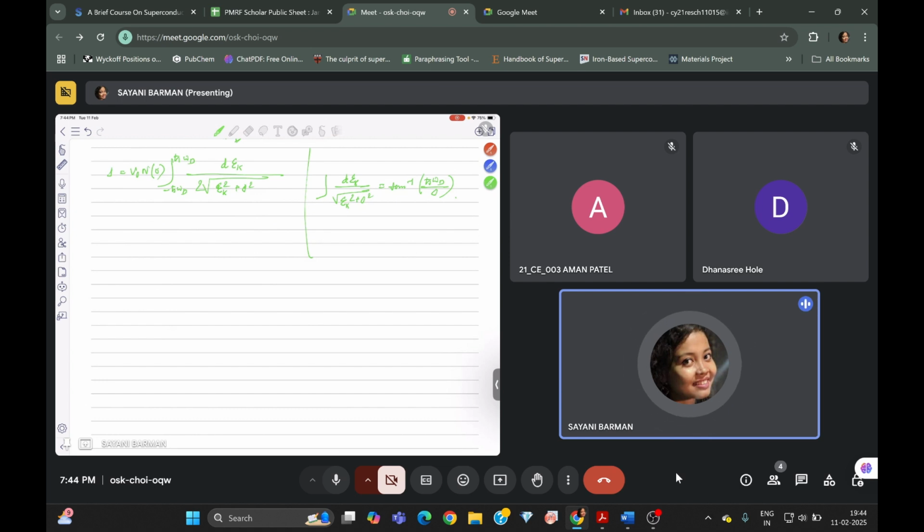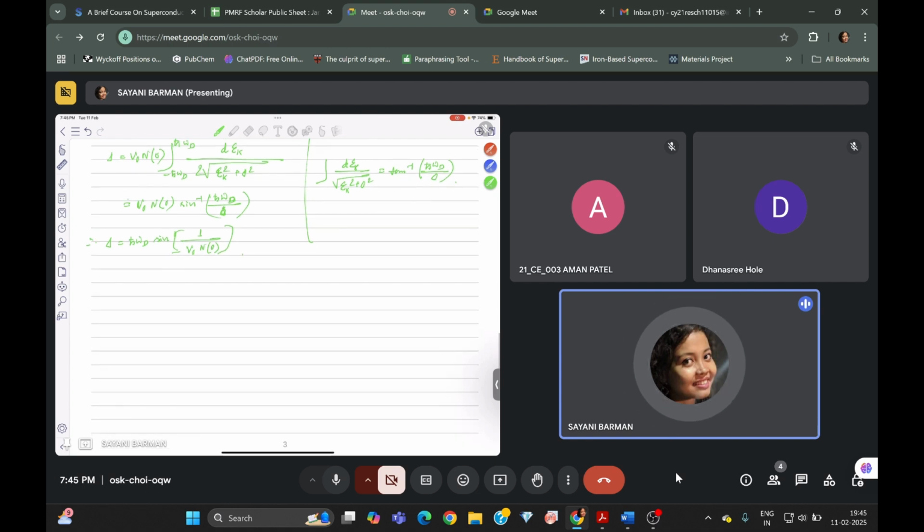So taking this in the equation, it will become this: this is delta, this is the Debye cutoff. And rearranging, delta will be sinh of 1 by V0 N0. So this shows that the superconducting energy gap is very much lesser, and we can call it weak coupling, right?